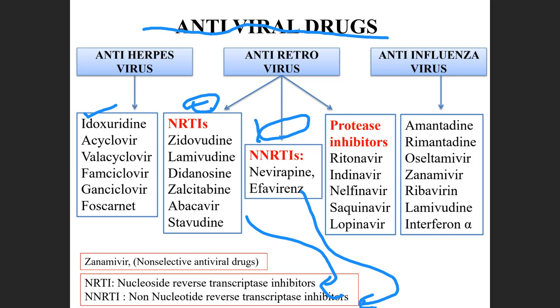It will be given as a single dose very rarely, but more commonly in a combined dose. Combined dose means 2 or 3 different classes of drugs are combined together to overcome the viral conditions that may arise in the patient.